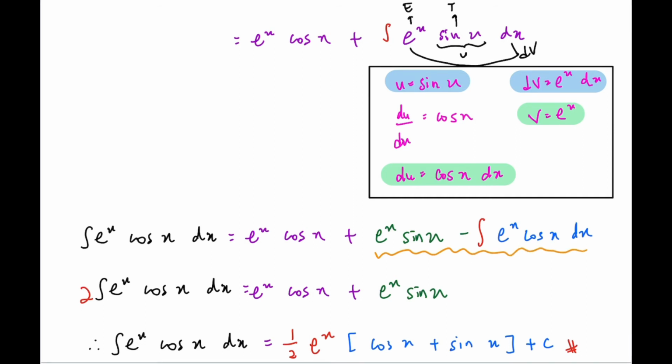Next, do you see that again you have another integral here? And do you realize that this is the same? This is I and this is also I. Since this is the same, I can bring this to our left hand side.